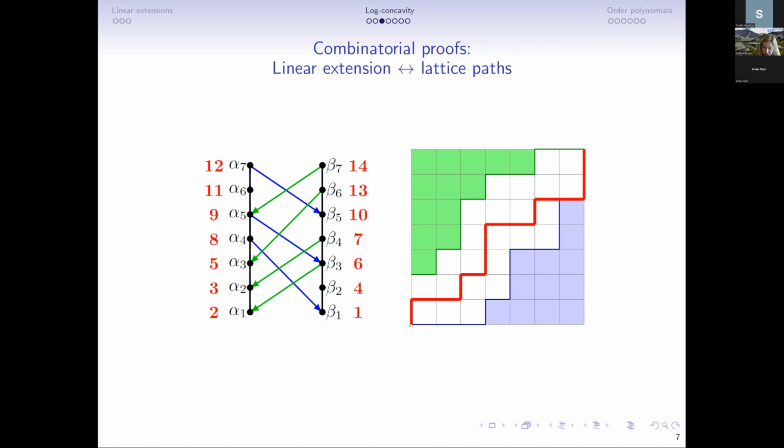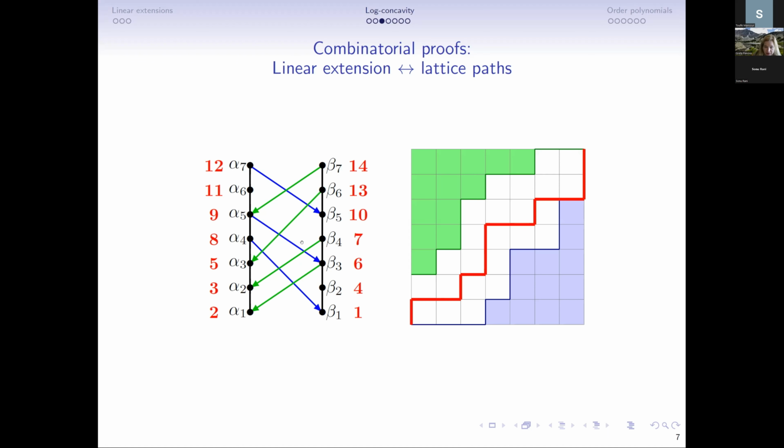It's the second chain, so we start our lattice path. The first step is going to be up. Then the number 2 is in the first chain, so we make a horizontal step. The number 3 is assigned to alpha 2, so it's still a horizontal step. So the third step of our lattice path is horizontal. Then 4 is on the beta chain, we go up, and so on until we read off all the numbers up to n, in this case 14. We reach the end of the square.